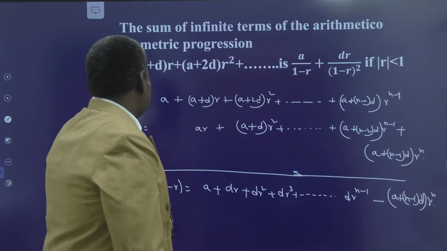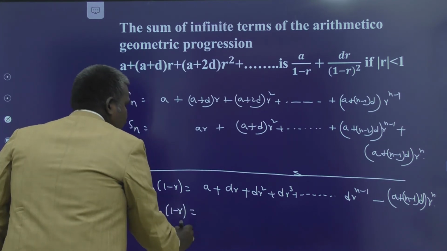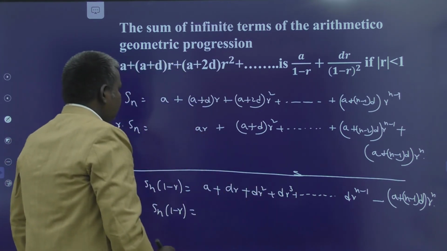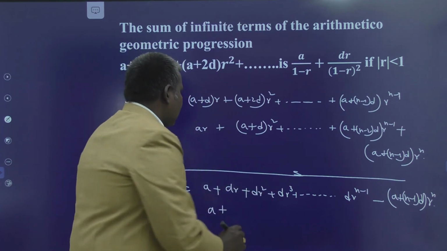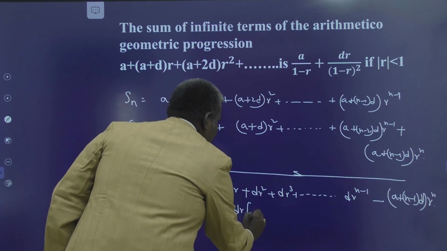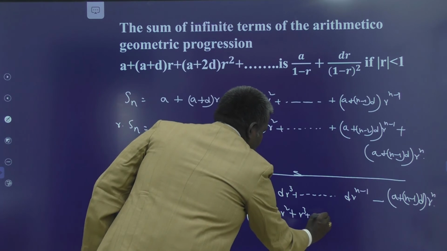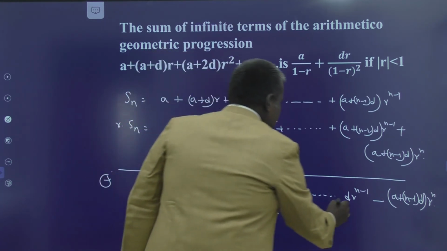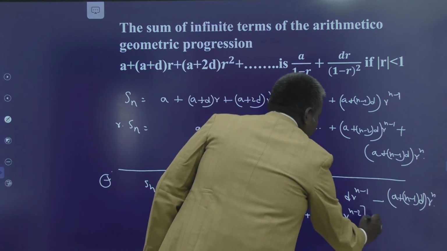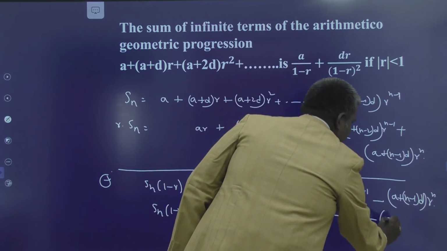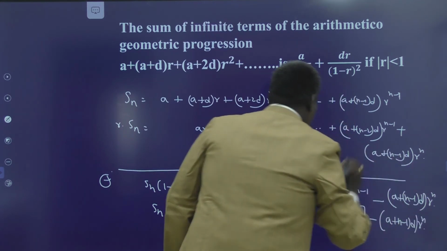This is the difference. Now Sn times (1 minus R) is equal to A plus, you can take dr common, dr times (1 plus R square plus R cube and so on up to R power n minus 2), minus (A plus (n minus 1) D) R to the power of n.